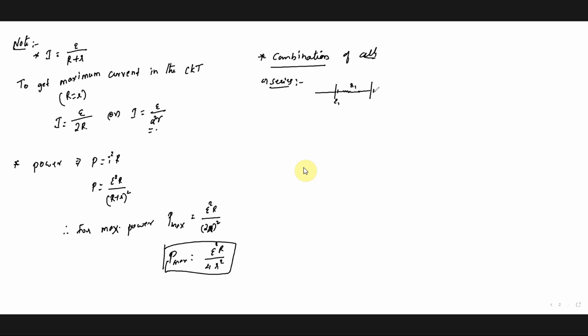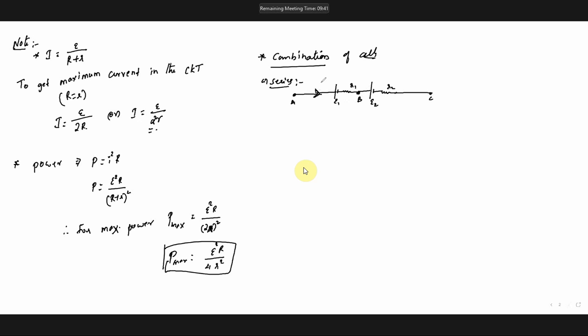I'll take this as the second cell with internal resistance R2 and EMF E2. And I'll take it as a third cell with internal resistance. First, for example, we discuss with two cells. Now I'll take this point as A, this point as B, and this point as C. Now these two cells are connected in series.